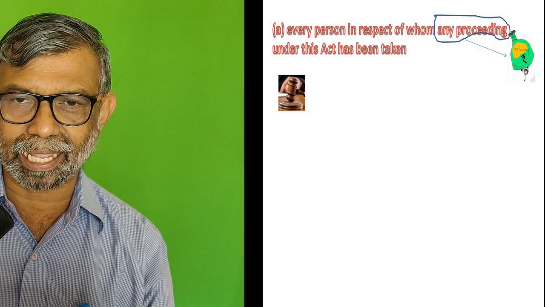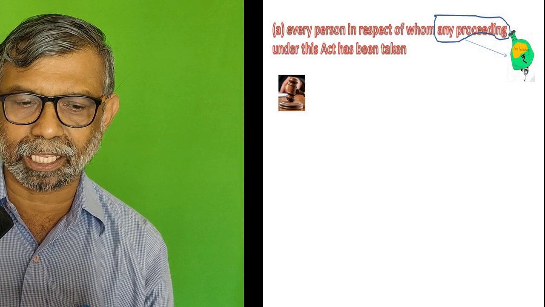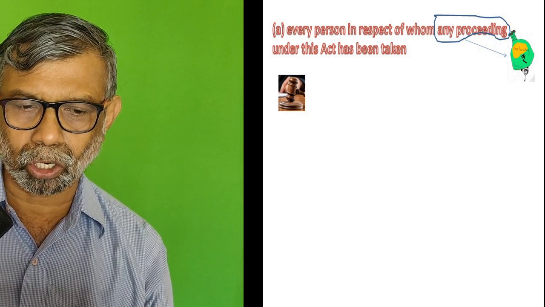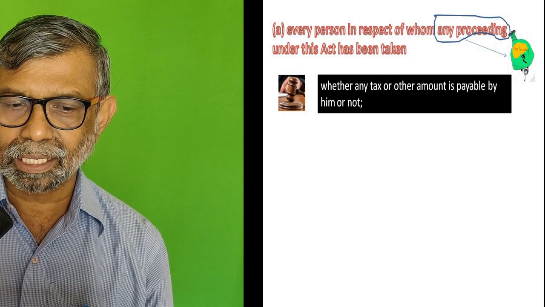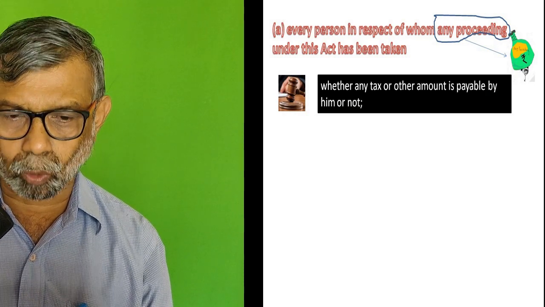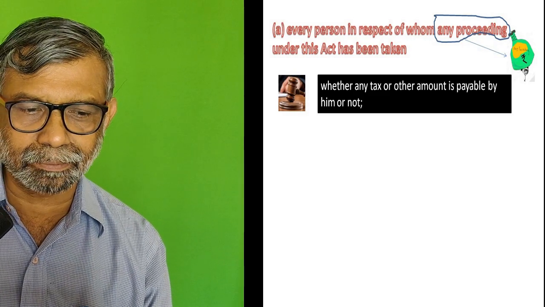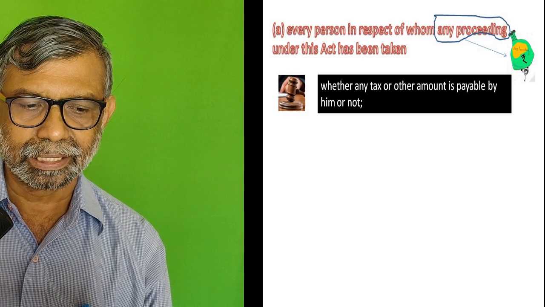Let us take the case examples. Number 1, whether any tax or any other sum of money is payable by him or not. If a person is liable to pay tax or penalty or interest or fees or whatever it is under the act, then we call that person an assessee.